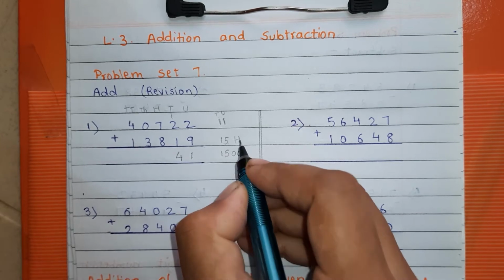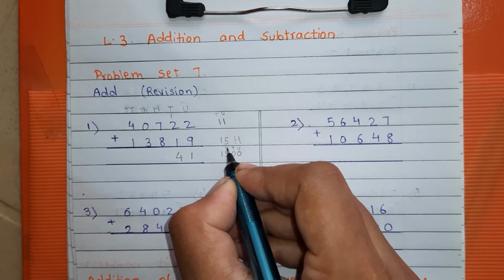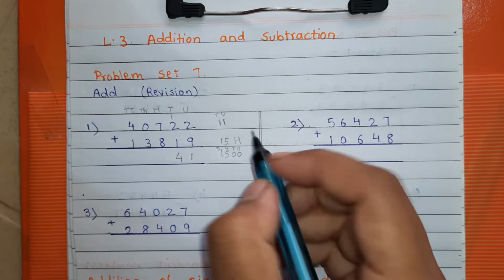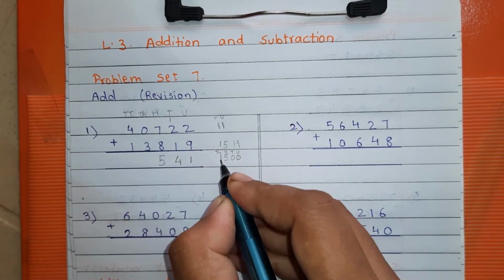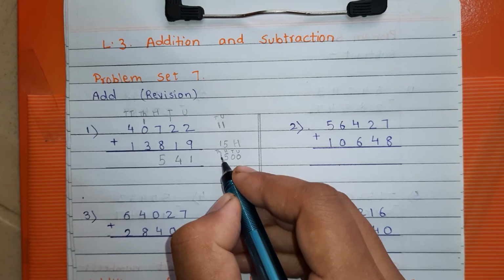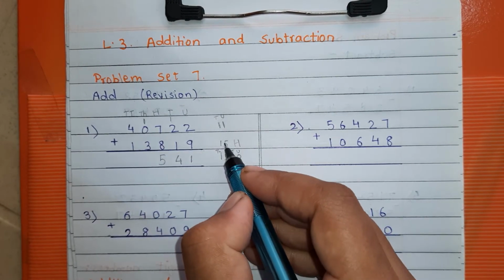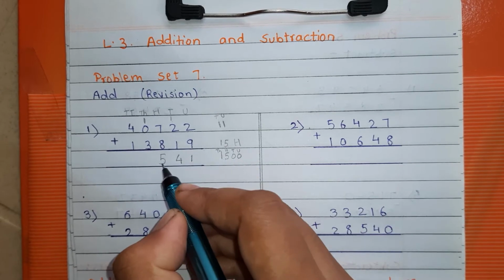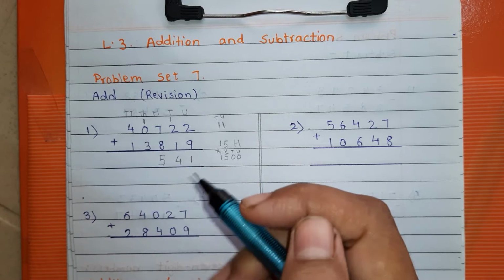In a 4-digit number the places are units, tens, hundreds and thousand. So 5 will stay in the hundreds place and 1 will go to the thousands place.